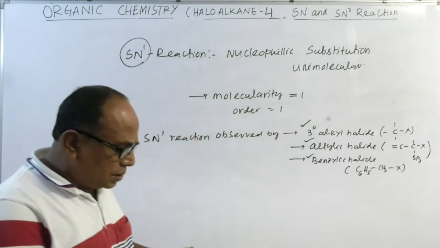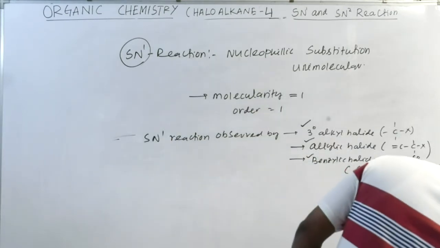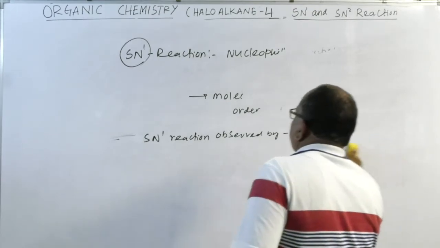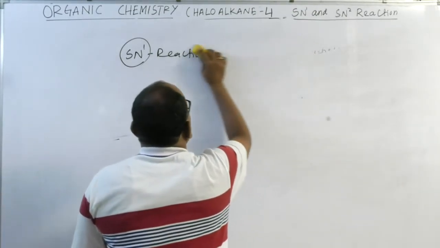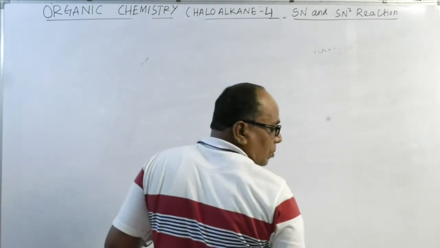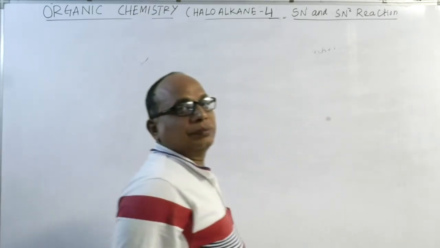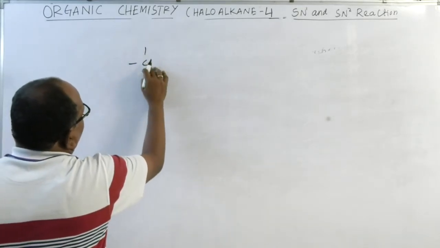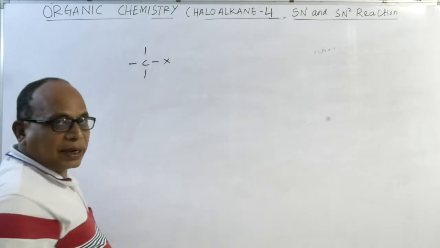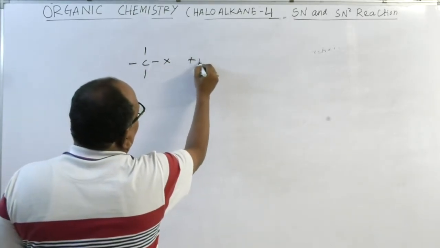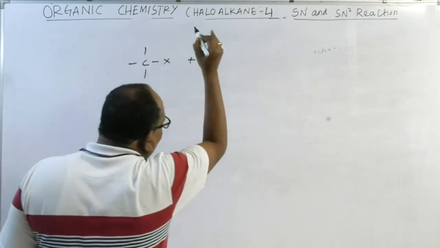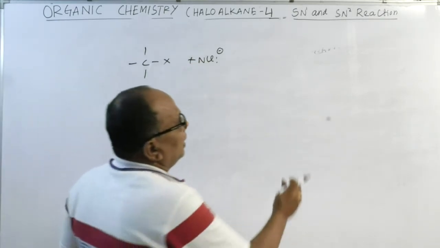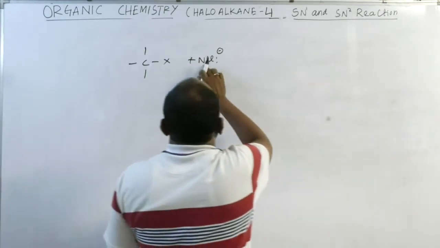Okay? So suppose you take a tertiary alkyl halide, that means the halogen atom is bonded to a tertiary carbon atom, and it is treated with a nucleophilic reagent. The halogen atom gets substituted by this nucleophile.